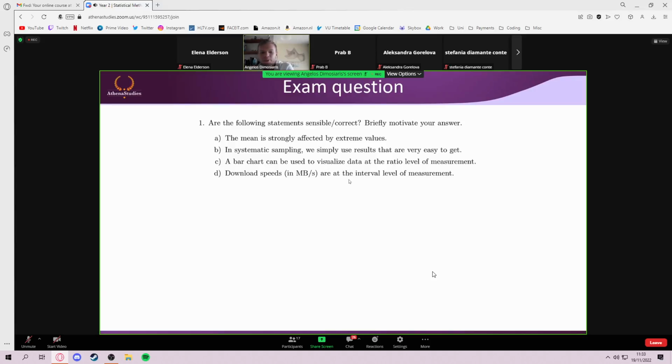And download speeds in megabits per second. Is this an interval level of measurement or not? And why?